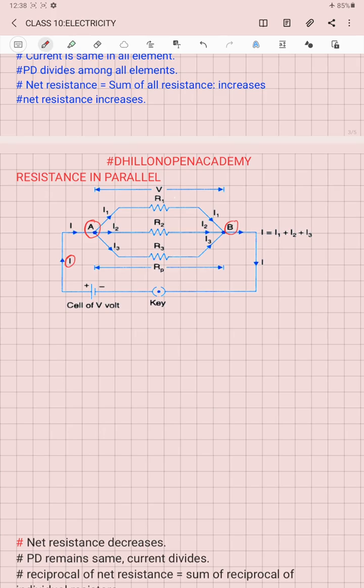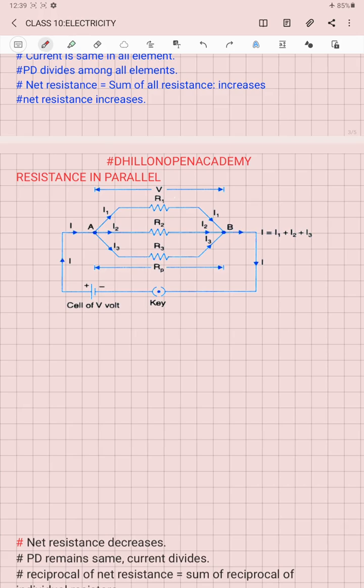So when current has more than one path available for the flow from one point to another point, then that circuit is known as a parallel circuit. So the parallel circuit starts from point A and extends up to point B.